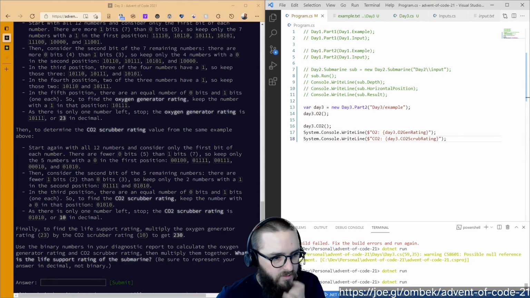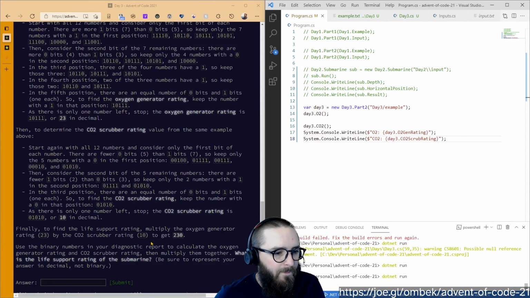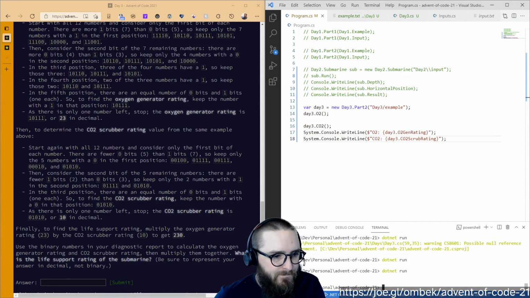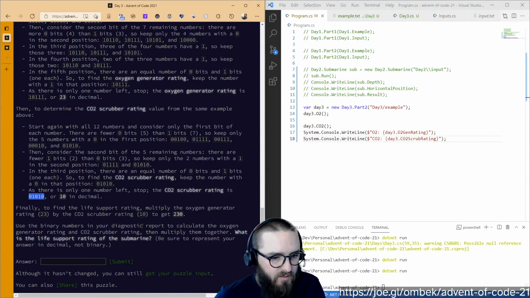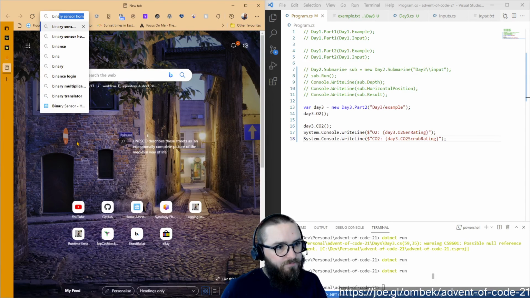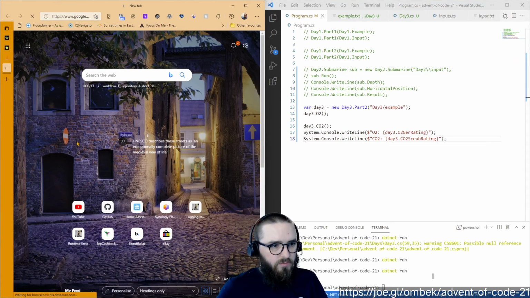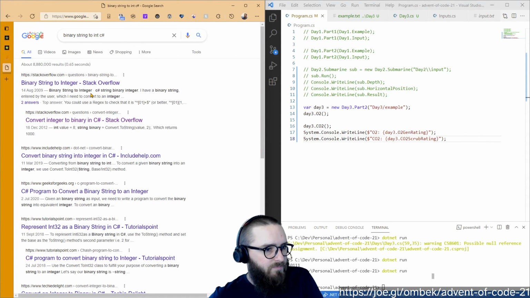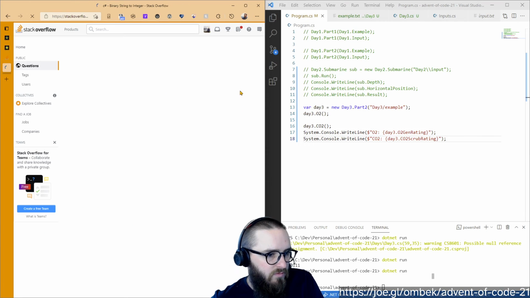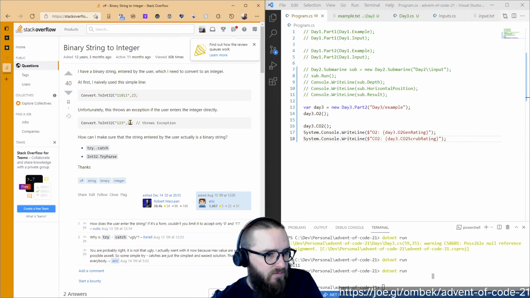Let's just see if that works straight away. Yes, it does. Okay, so let's have a quick search. I only know how to convert from this binary notation. Is it just a convert?